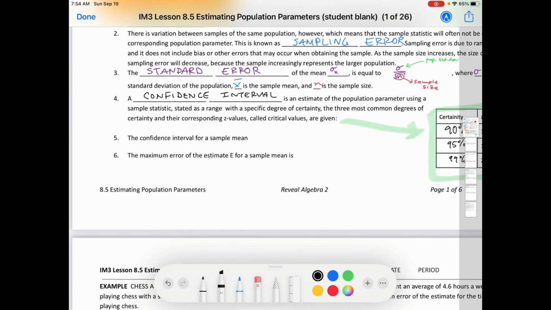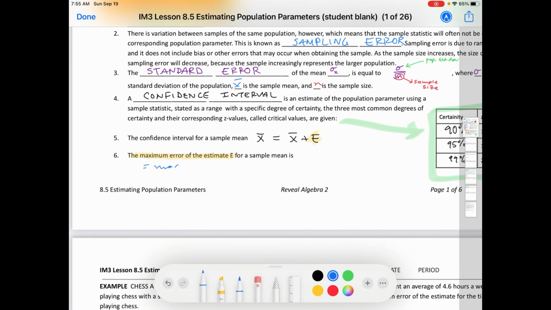The confidence interval for a sample mean is x bar plus or minus E. And you might be asking, what is E? Well, E is the maximum error of the estimate between the population parameter and its actual value. The maximum error of the estimate is also called the margin of error. Margin of error, let's write that.